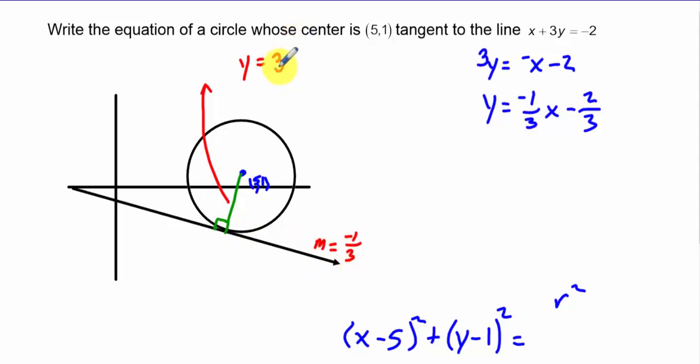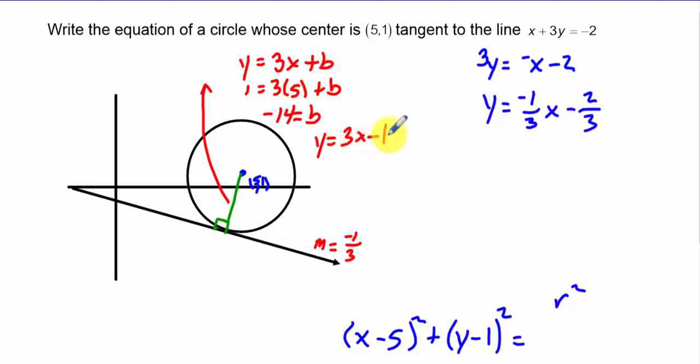So this is going to be 3x plus b. I'd need to find the y-intercept, and that's possible because I have the point 5, 1 that goes through the green line. So 1 equals 3 times 5 plus b. Negative 14 is equal to b. And y equals positive 3x minus 14.